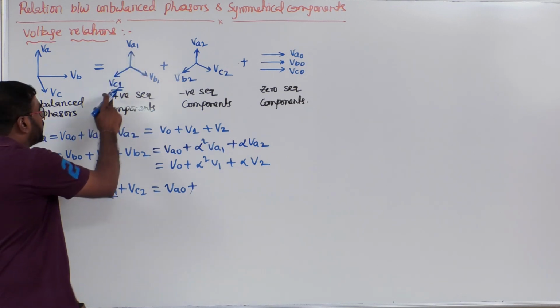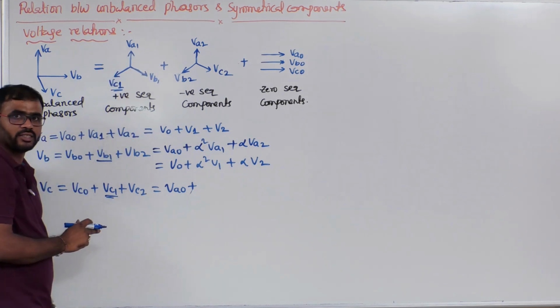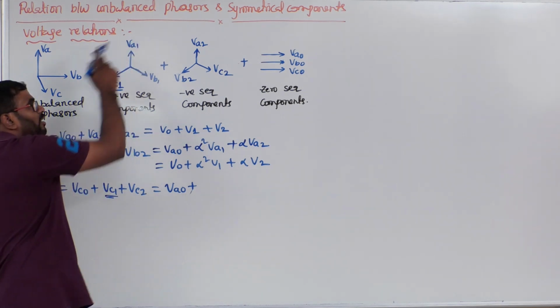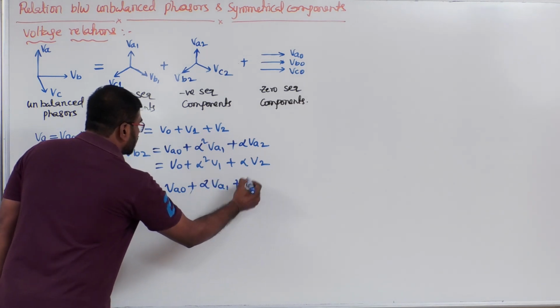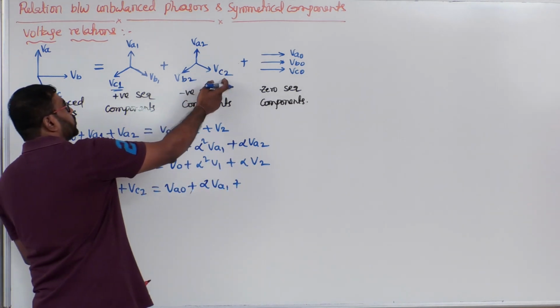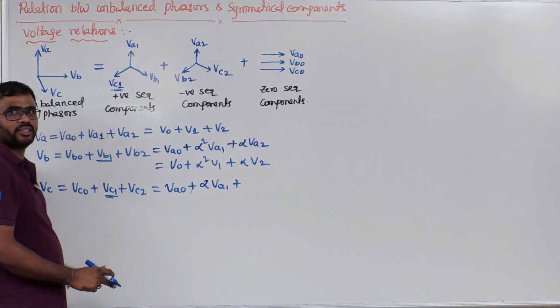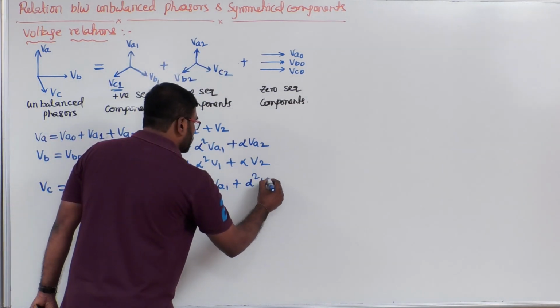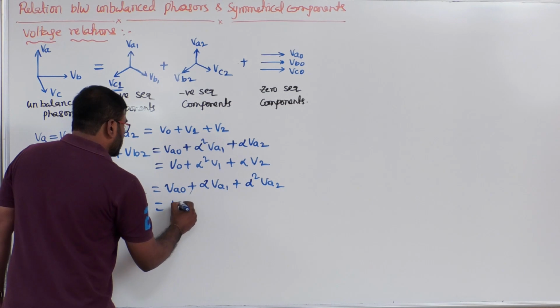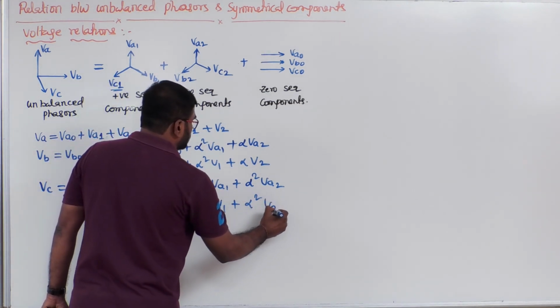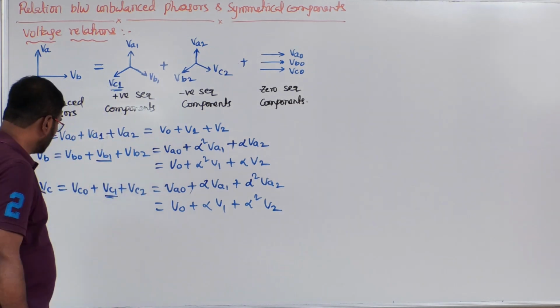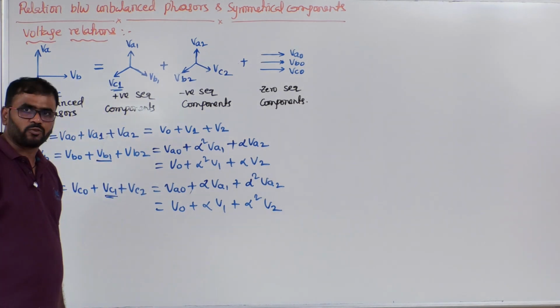So VC1 equals alpha times the VA1, plus VC2 lags the VA2 by 120 degrees, so alpha square times VA2. Otherwise simply V0 plus alpha times V1 plus alpha square times V2. Clear?